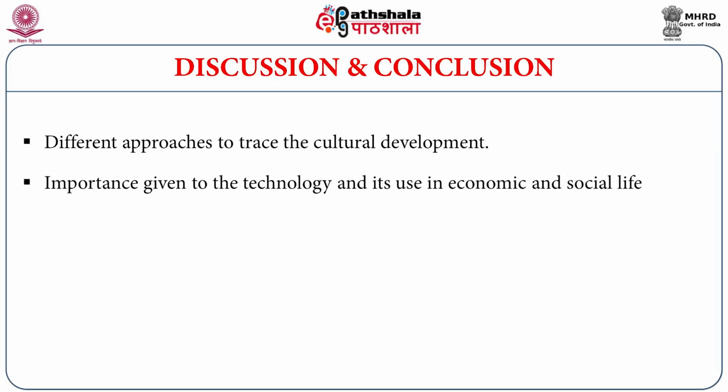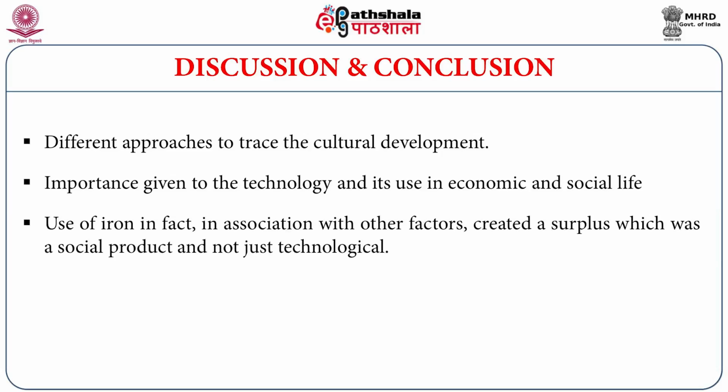Importance given to technology and its use in economic and social life was stressed by some of the scholars, but some did not agree with this view. Use of iron, in fact, in association with other factors, created a surplus which was a social product, not just technological product.